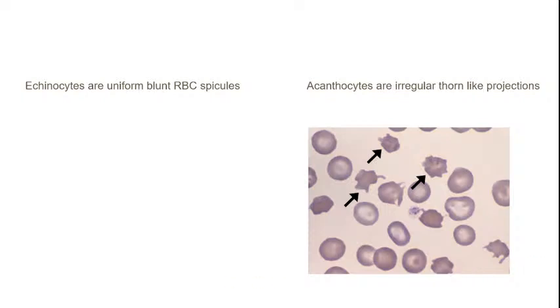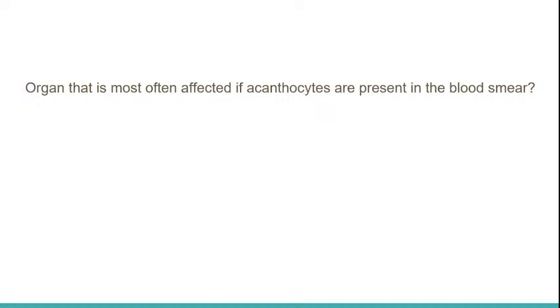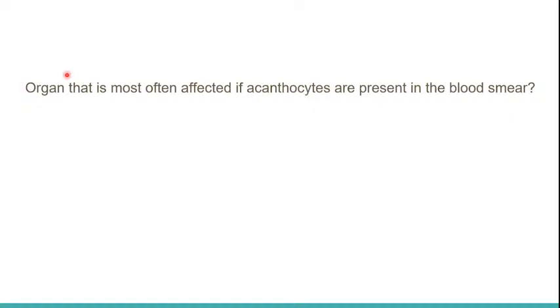It's like random. The cells are just randomly being stretched. And the organ that is most commonly affected if the patient has acanthocytes present is the liver. Its primary causes are what? Basically, they're primarily caused by liver cirrhosis. What else?